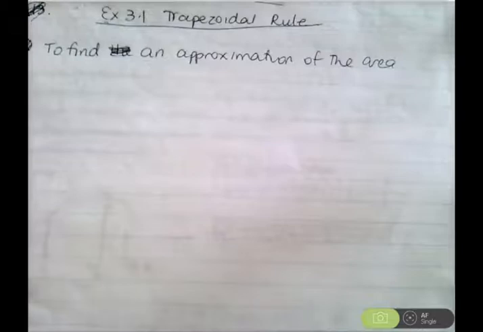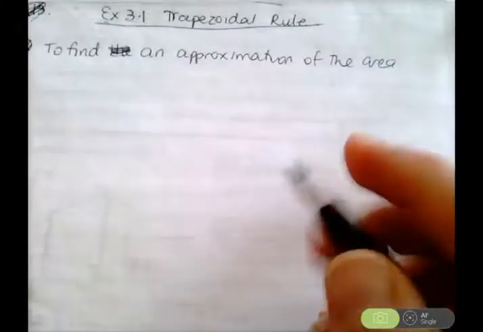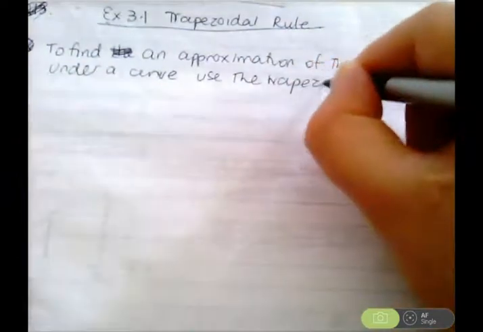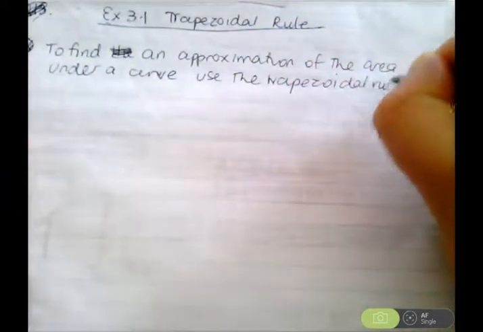Some notes. Exercise 3.1, trapezoidal rule. To find an approximation of the area under a curve, we can use the trapezoidal rule, which is as follows.